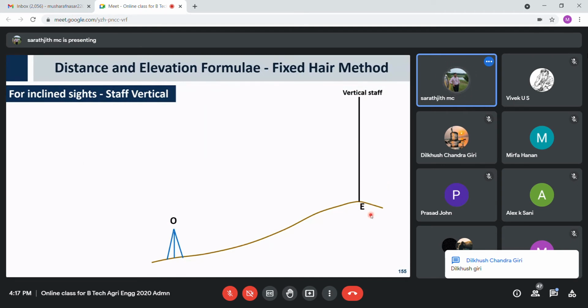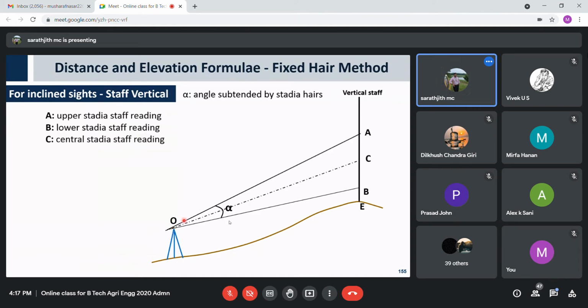Now you are going to sight through your instrument, your tachometer, and you will have these values: an upper stadia staff reading A, a lower stadia staff reading B, and the central stadia staff reading C. The angle subtended between the upper and lower stadia readings is known as the alpha angle, or the apex angle, or the angle between the extreme stadia.